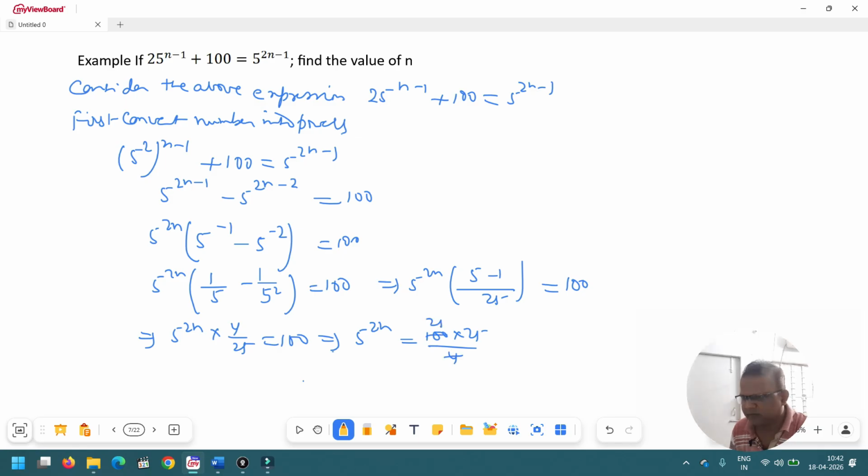That is 25 into 25. That implies 5 to the power 2n is 5 to the power 2 into 5 to the power 2.